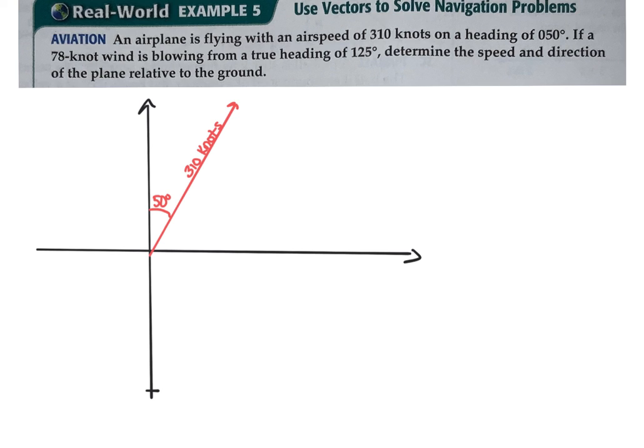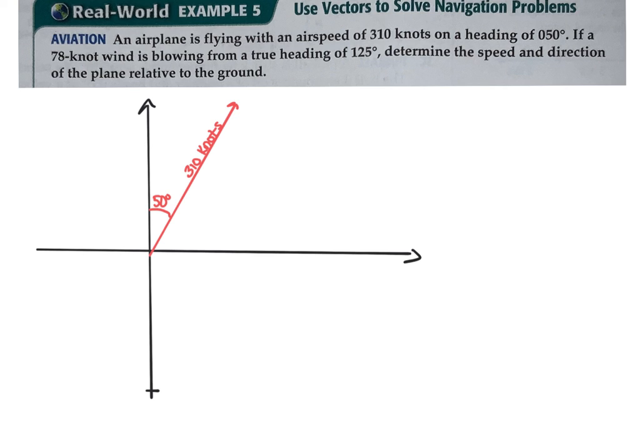A true of 125 means I'm going to start the same direction that I did with the airplane, and I'm going to go 125 degrees. So where is that going to drop me? Fourth quadrant, right? Right, because we're going clockwise. So we're going to go all the way down here. 90 degrees is right at my axis, so another 35 degrees or so past the 90 is my wind.